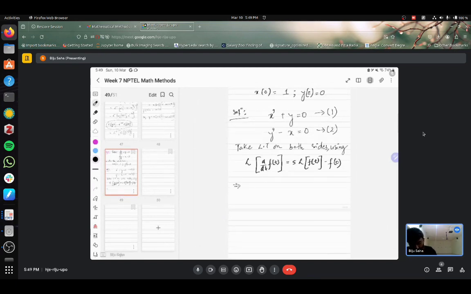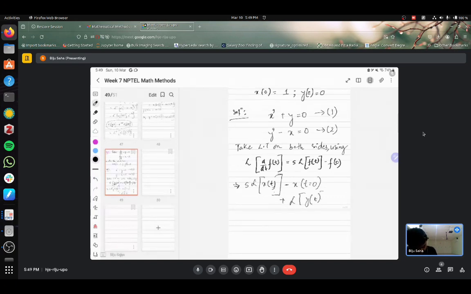Using this, let me write the Laplace transform. From the first equation, it is s times Laplace transform of x(t) minus the value of x at t equal to 0, plus Laplace transform of y(t).